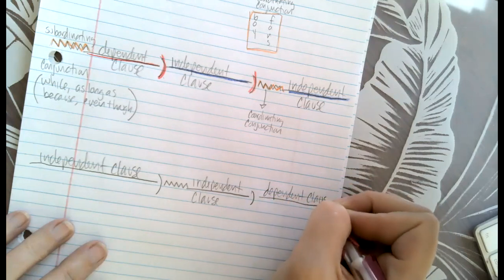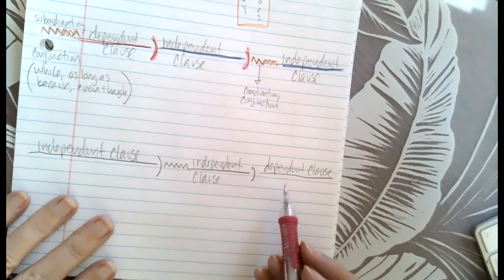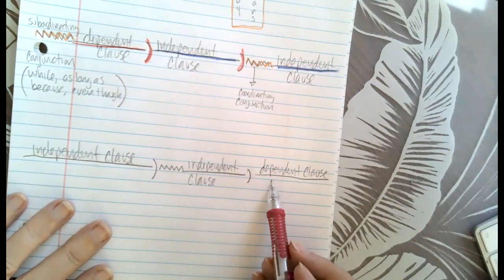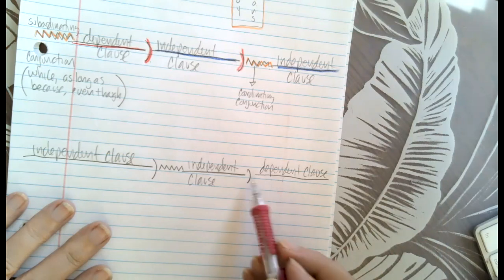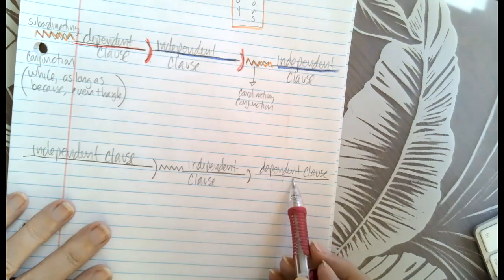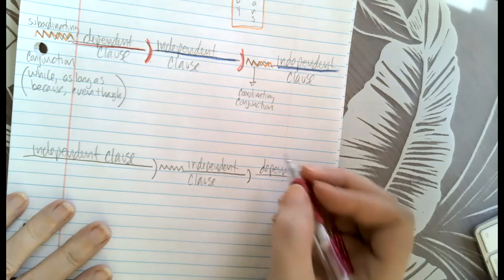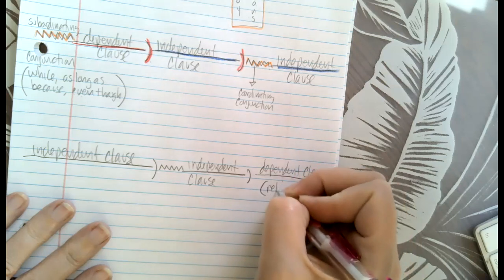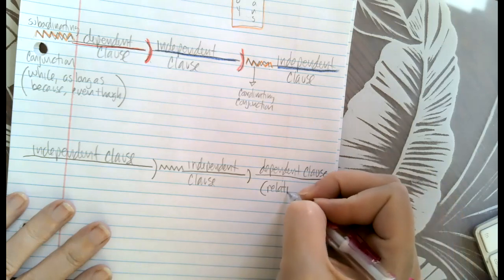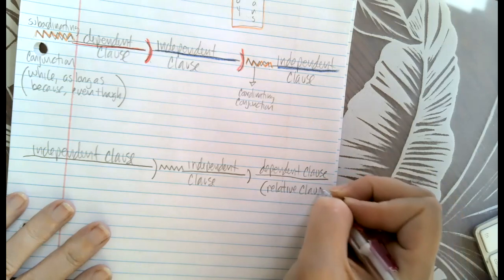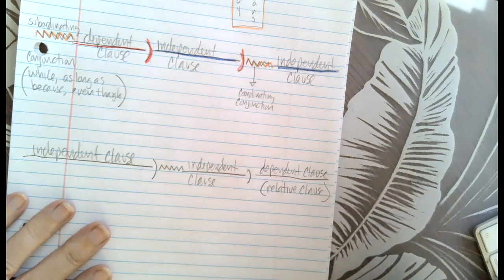Now this sentence frame, typically what we're dealing with as this dependent clause is that type of dependent clause which is called a relative clause. Do you remember that? A relative clause is just simply a subset of dependent clauses. And relative clauses, we can identify them because they begin with a relative pronoun.